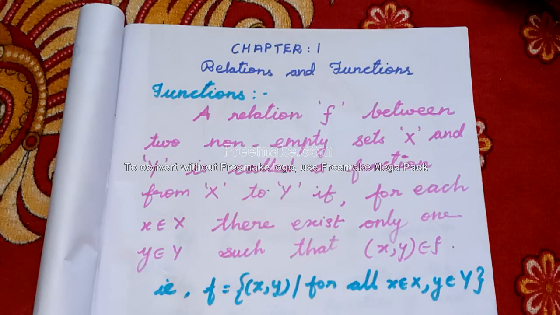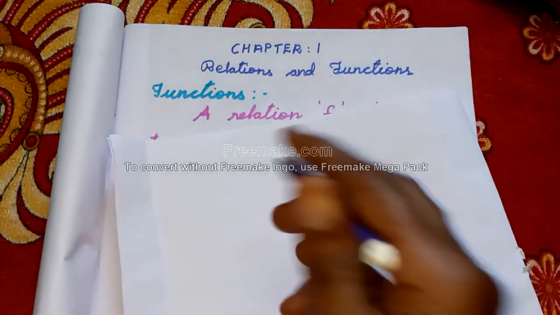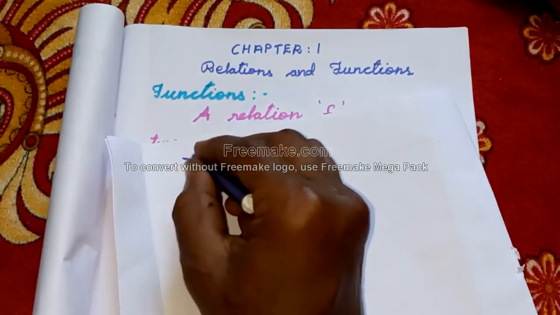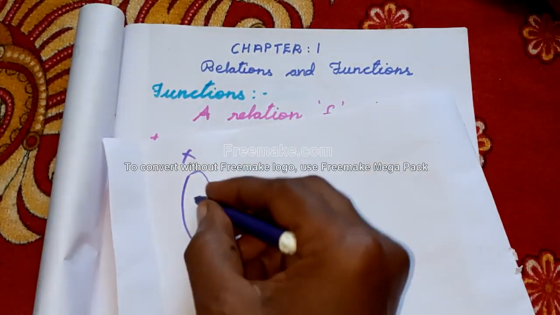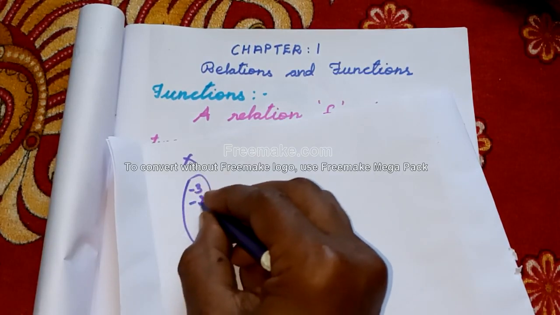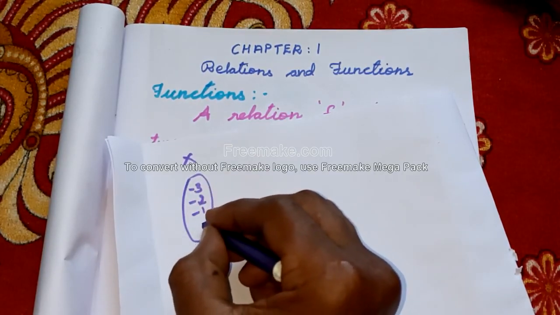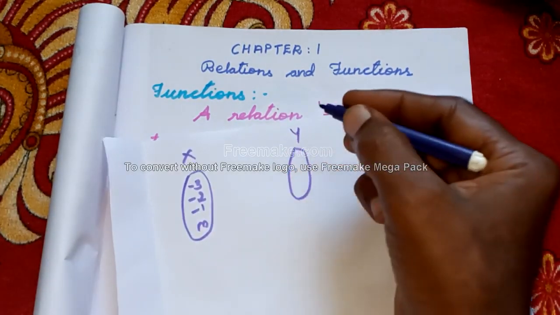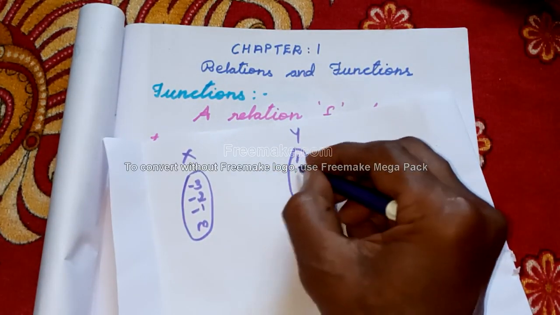Now with one example I am explaining this. First, set x is equal to {-3, -2, -1, m}. Next, set y is equal to {1, 2, 3}. This is set y.